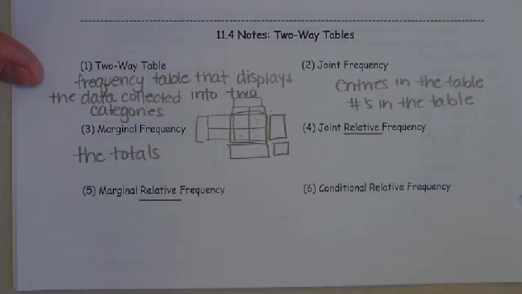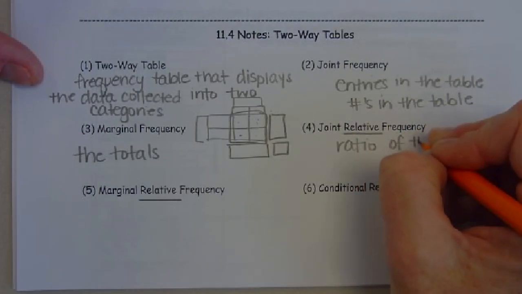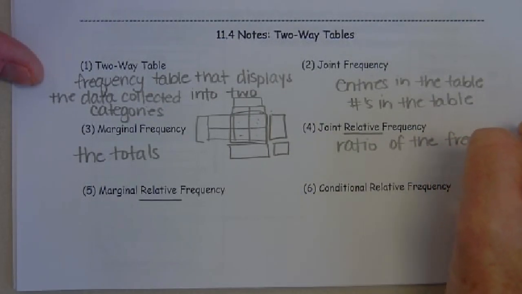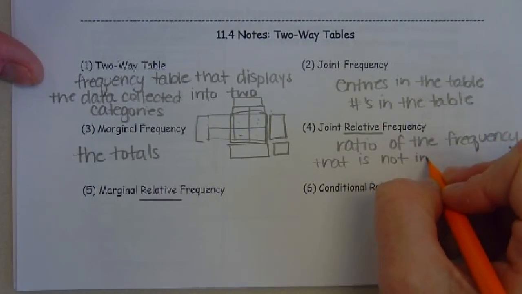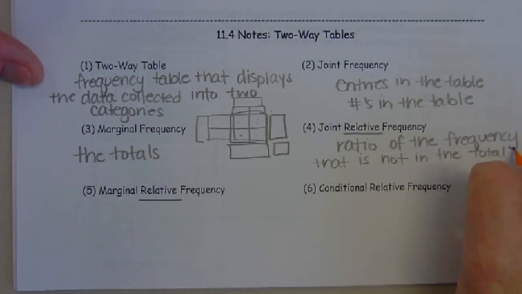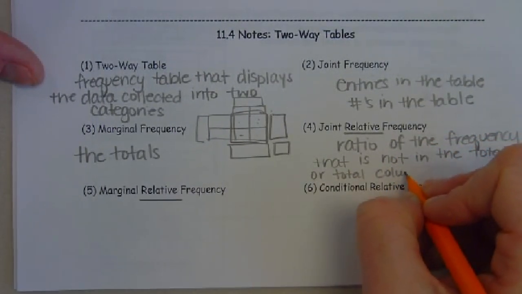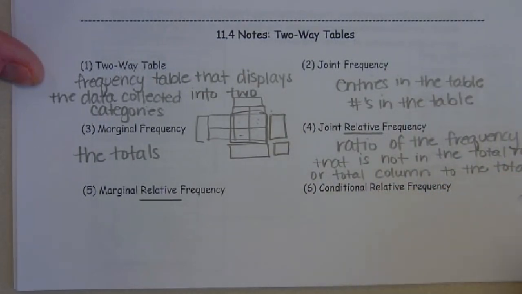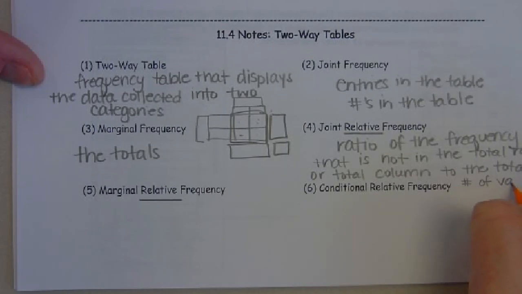What that is, it's just the ratio of the frequencies that is not in the total row or total column to the total number of values.